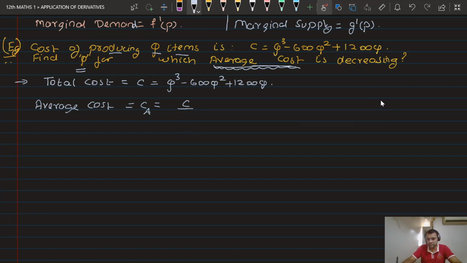Generally we assume it as C upon X because the general variable is X, but here he is taking it as Q items, so we will divide by Q. So I will get q raised to 3 minus 600 q square plus 1200 q divided by q.